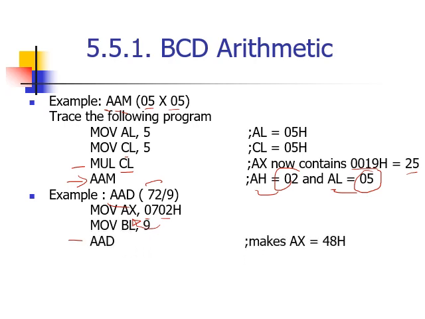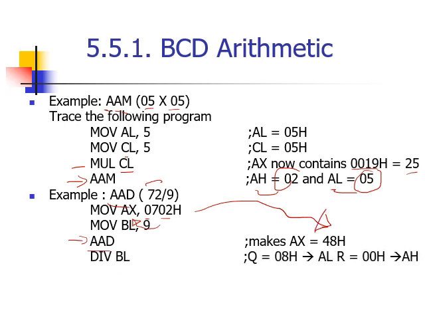And you have to adjust your value of AX before division, meaning you convert 72 into its hexadecimal equivalent. DIV BL will give you a quotient in AL, which is 08, and remainder in AH, which is 00.